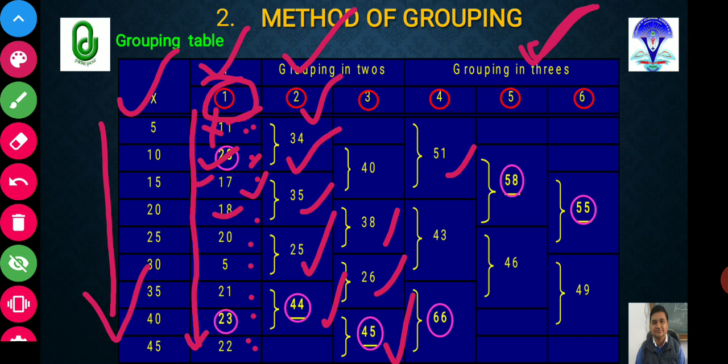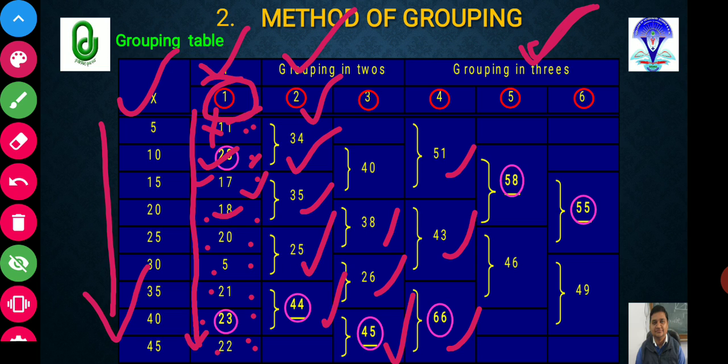Similarly, the second one, 18 plus 20 plus 5. 18 plus 20 is equal to 38, plus 5 is equal to 43. Then the next, 21 plus 23 plus 22. 21 plus 23 is equal to 44, plus 22 is equal to 66. This is the grouping in terms of 3 values.